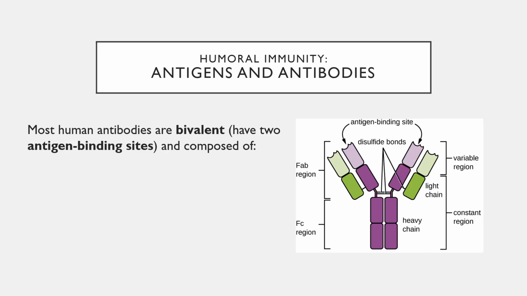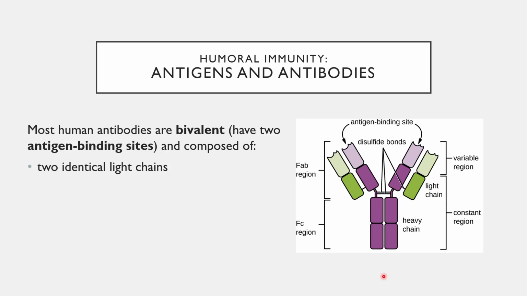The antibody, as we've said, is composed of proteins, but there are multiple protein chains that are involved in its construction. There are two identical light chains, named for the fact that they have a lower molecular weight. Here they are shown in green.